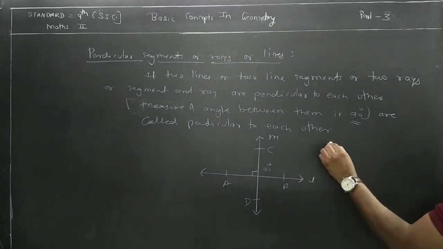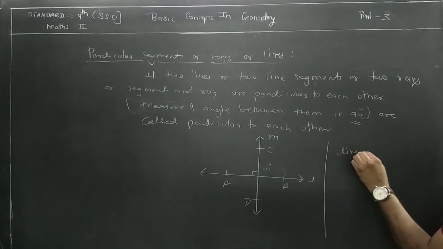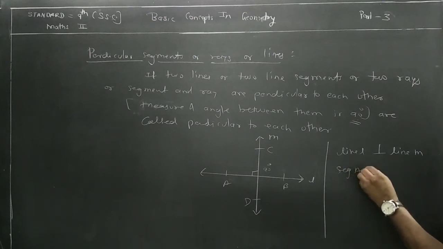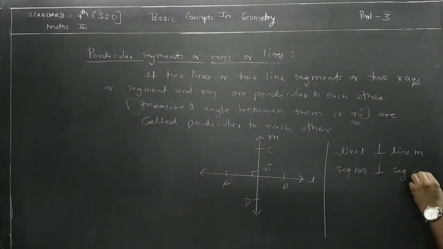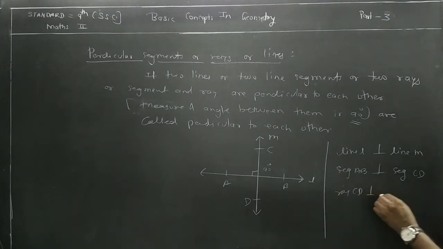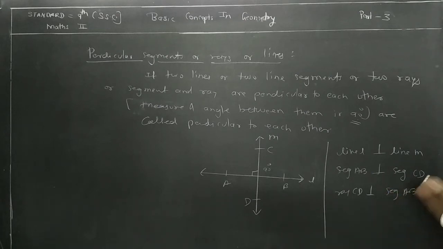Then I can say line L is perpendicular to line M, or segment AB is perpendicular to segment CD, or ray CD is perpendicular to segment AB. Anything can be written. The only thing is there should be a perpendicular sign, and the measure of the angle between them should be 90 degrees. This is called a perpendicular segment, perpendicular rays, or perpendicular lines.